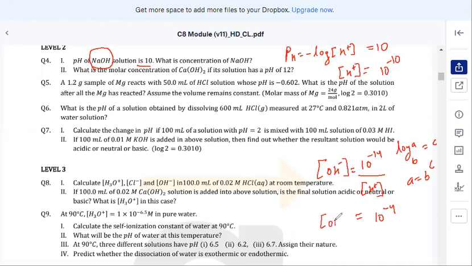Now, 1 mole of NaOH will produce 1 mole of OH minus. So OH minus of 10 to the power minus 4 molar will be produced by 10 to the power minus 4 molar NaOH. So the answer is 10 to the power minus 4 molar. Okay? Got it, everyone? Tell me.